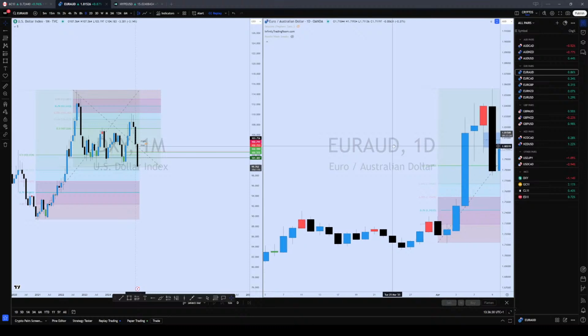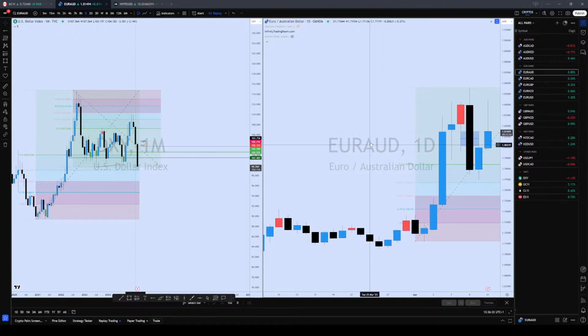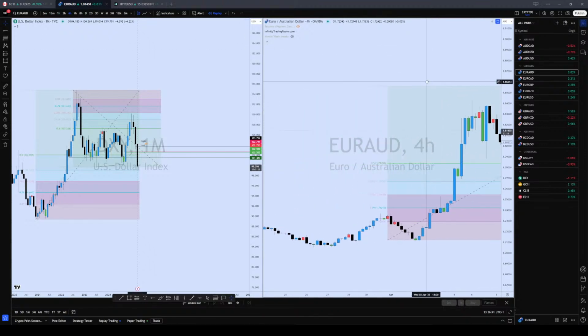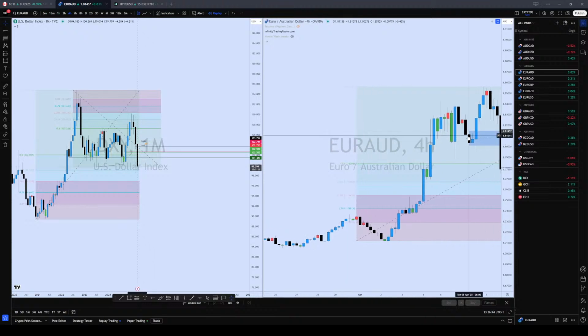So here the same thing, you have this low to the side. Once you break, I drop down to the H4, and then I see the market maker, where this is our last area of accumulation.